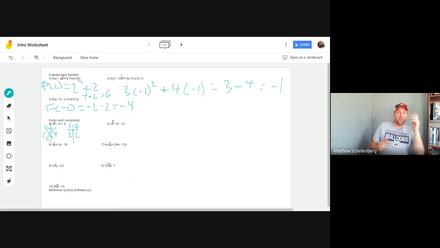So, what about the signs? Well, the middle value is negative, and the C value is positive. So that means that they have to be the same sign, in which case they are both negative. That is actually minus 1 and minus 4, which I'm running out of space, but that gives me x minus 1 and x minus 4.